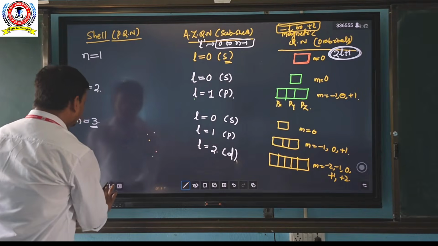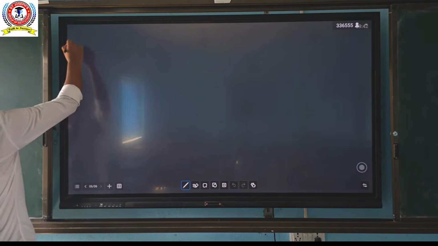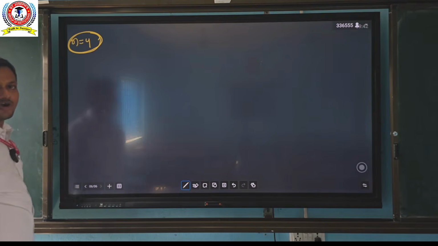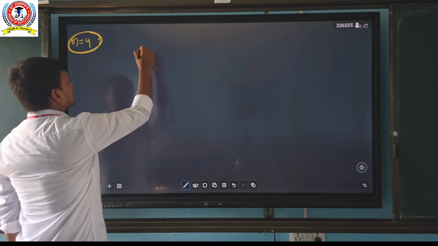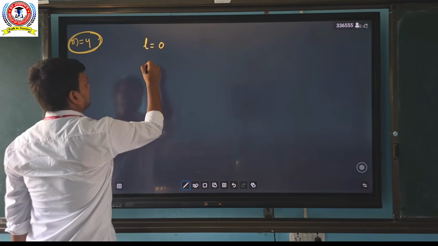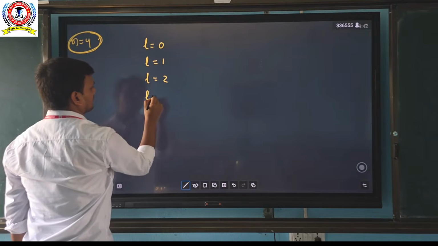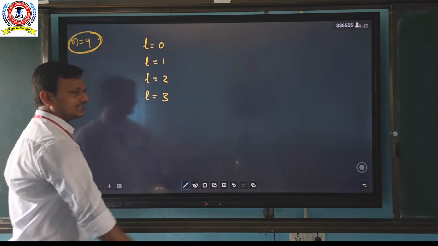Now come to the next slide for the fourth shell. Last is the fourth shell. For the fourth shell, there are l is equal to 0, l is equal to 1, l is equal to 2, and l is equal to 3.